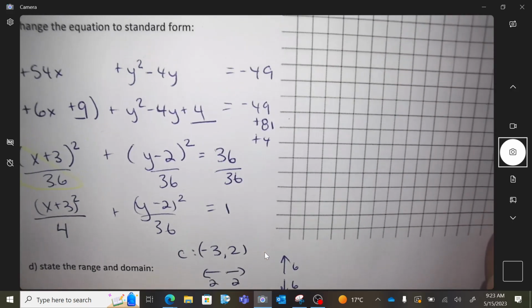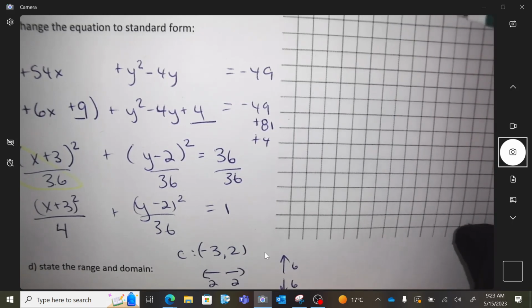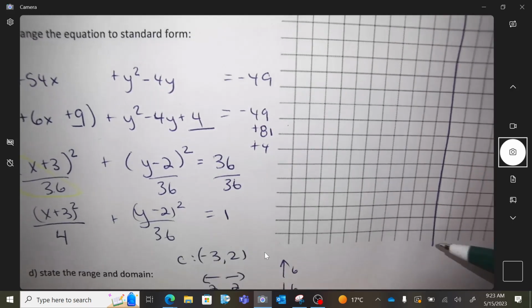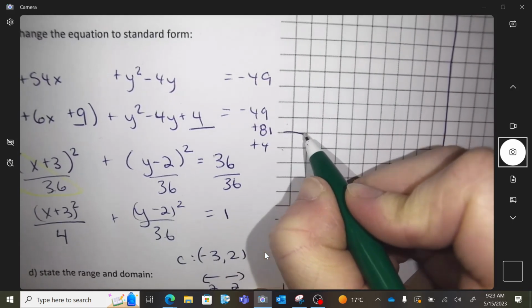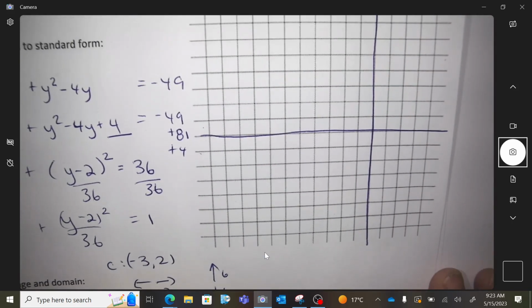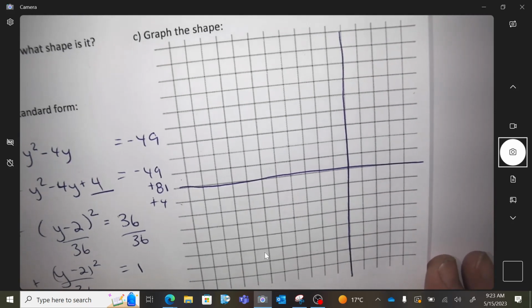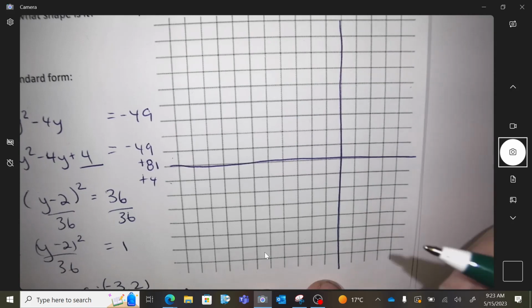Okay, so you need to do that. It's -3, 2. I'm going to just draw my axis a little off-centered here. So again, I give you a blank slate so you can figure out where you want to put your axis.